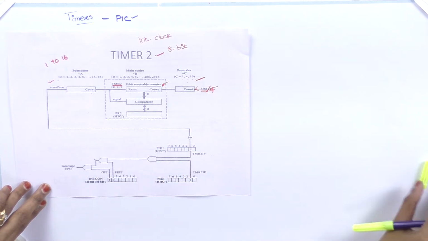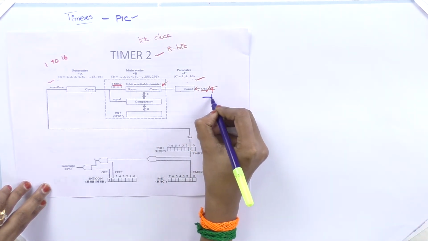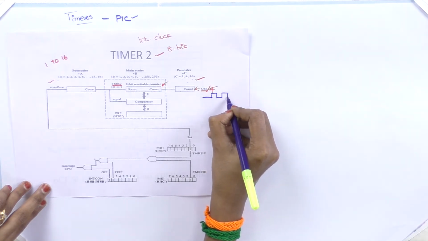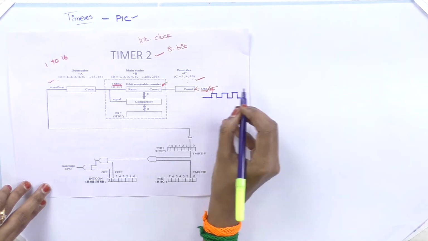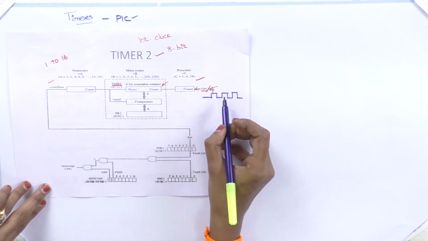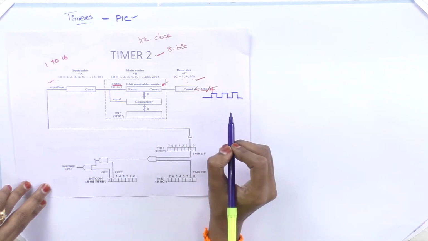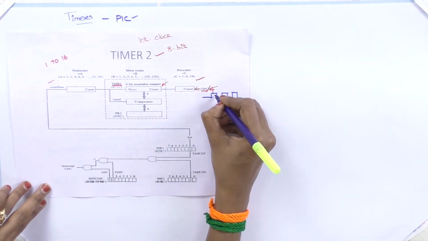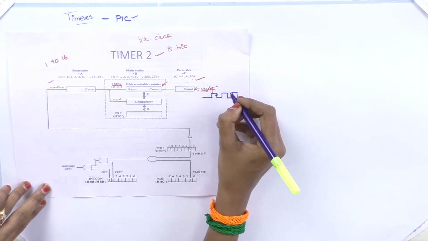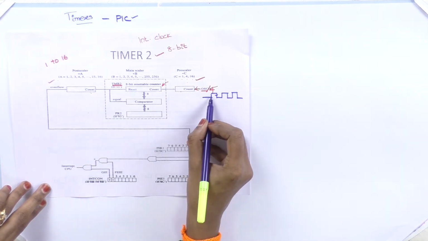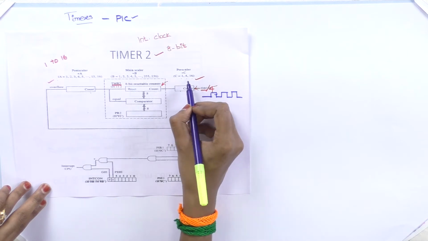As I have already told you, here we have our clock pulses. We define whether it should count, that means increment, on the rising edge or falling edge. For example, I will take the falling edge and give this clock pulse to the pre-scaler.